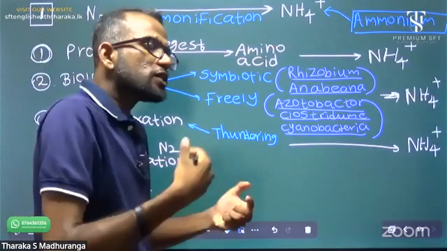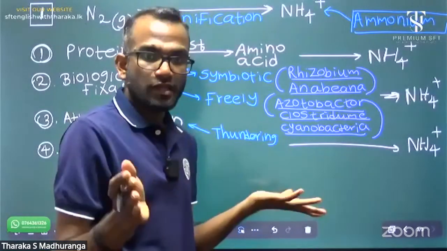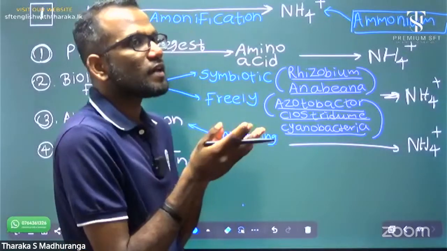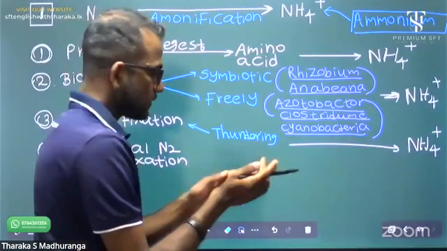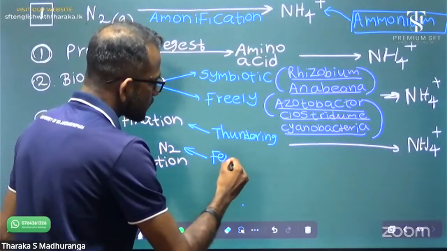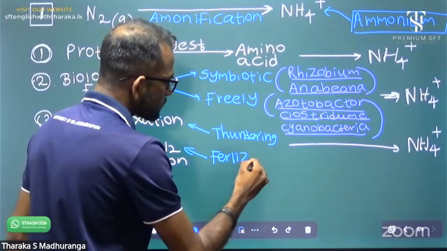Industrial nitrogen fixation means that inside chemical industries, nitrogen gas is converted into ammonium fertilizer in artificial fertilizer production.